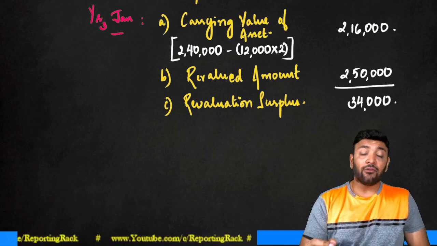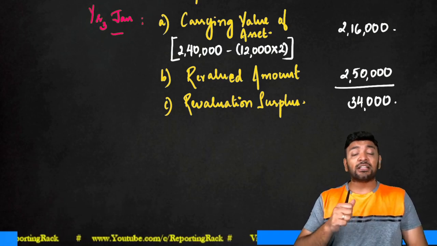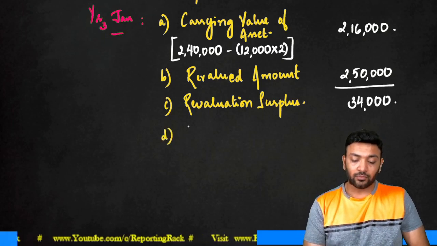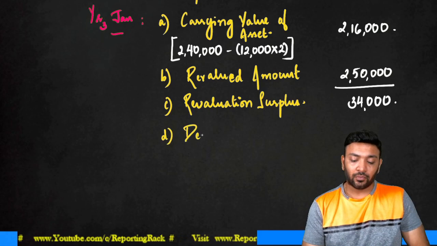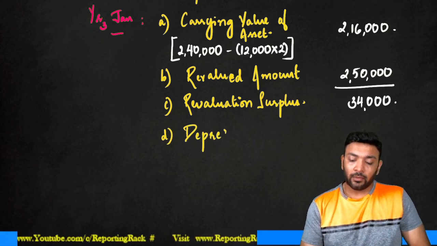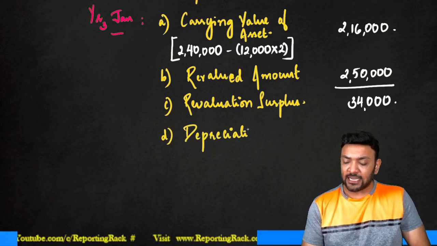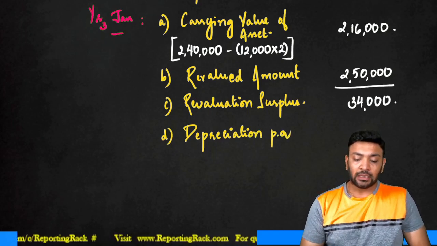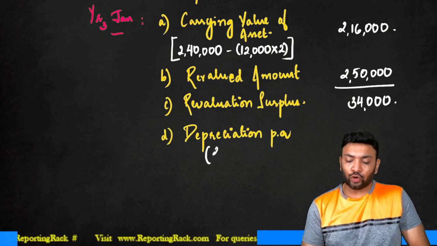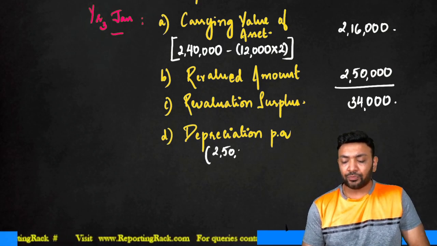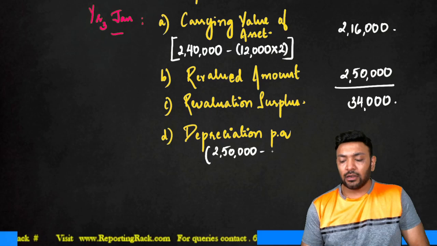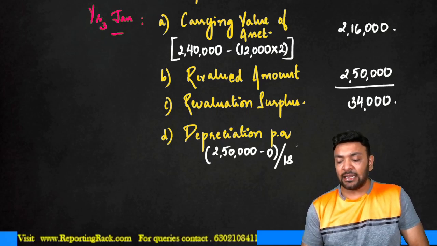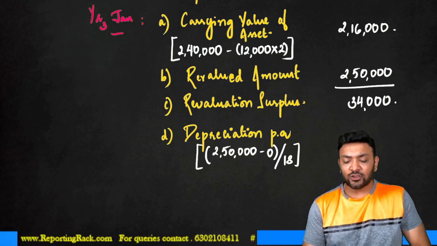Based on this, once it is revalued, you have a change in the depreciation per annum. Let me calculate my depreciation per annum: 2,50,000 cost of the asset, depreciable value 0, whole divided by 18 years, which is the remaining useful life.